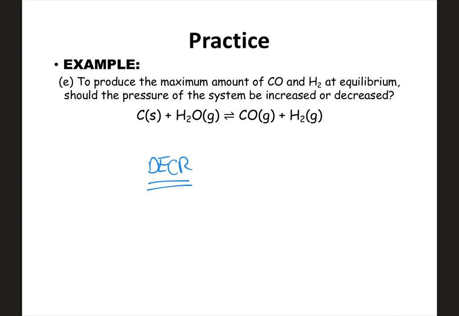So by decreasing the pressure, we would shift to the CO and the H2 side because they have more molecules of gas on that side. Therefore, that would form more CO and H2. This is using information about pressure and Le Chatelier's principle to think about how I could generate more of the products in this case. So decreasing the pressure means you need to shift to the side with more molecules of gas, which would be the right side, which would generate more CO and H2.